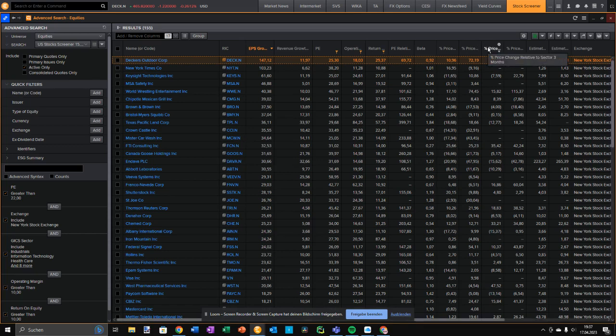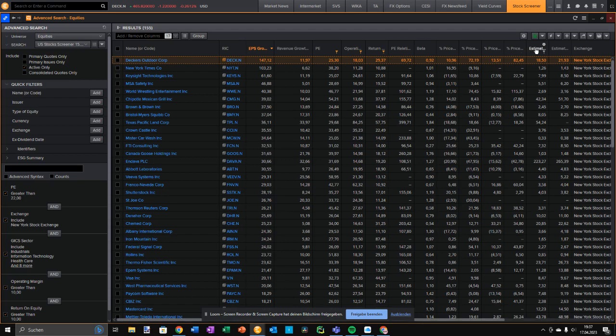Then we have the price change relative to sector. It's basically the same as the PE. I just want the stock to be performing better than the sector, because if it's not, then just buy the index, the sector ETF. But we don't want to do that here. We want to beat the market. So the price action of the stock should be better.